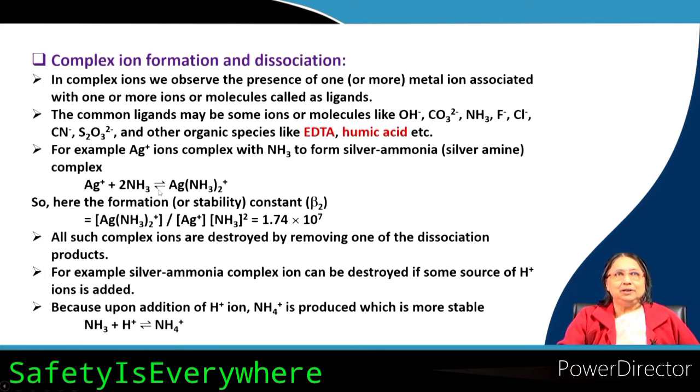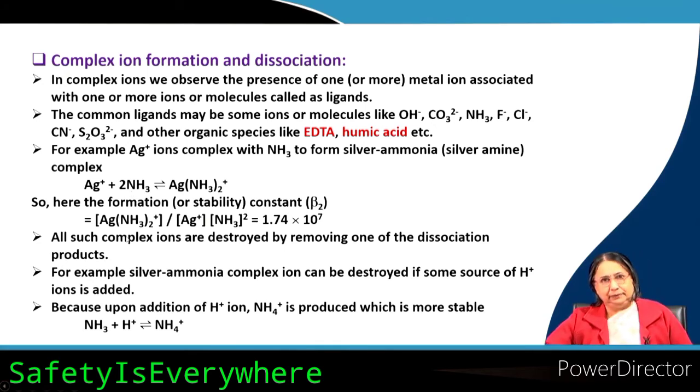So ammonia will be removed as ammonium ion. More and more silver ammine complex will go toward the backward direction to produce more ammonia, and again acid is there, so it will be removed. Slowly it will be totally broken down to silver plus and NH3.